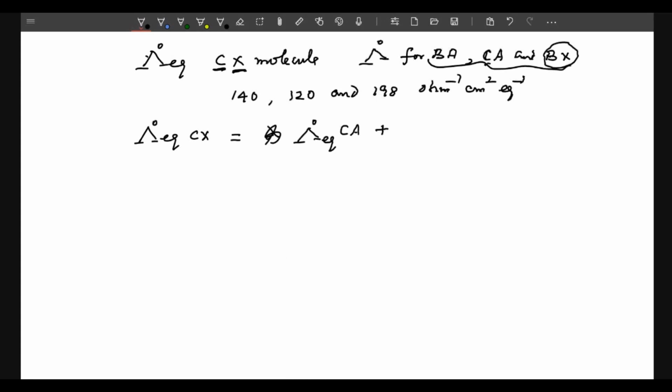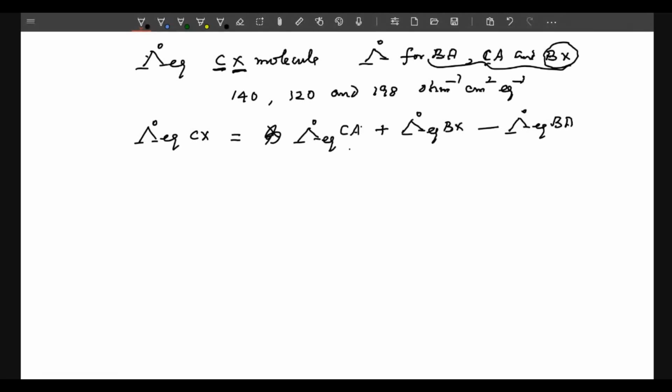Therefore, add the lambda naught equivalent conductance of BX. Now you have added these two, and the unwanted A and B, present in BA, should be subtracted. Therefore, subtract lambda naught equivalent of BA, and you will get the CX molecule.